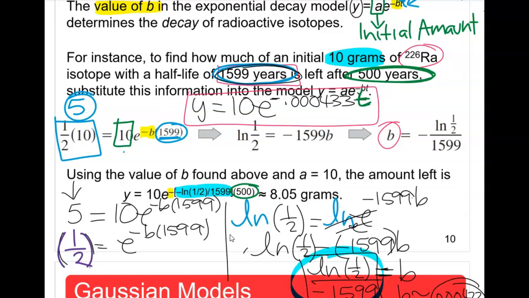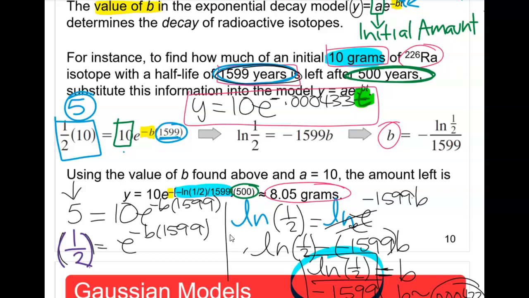So if you enter all of that on the calculator, or if we were just to replace this t here with the 500, you will get approximately, for your answer, 8.05 grams. So think about it. The initial amount was 10 grams, and it took 500 years for those 10 grams to decrease to 8.05 grams.